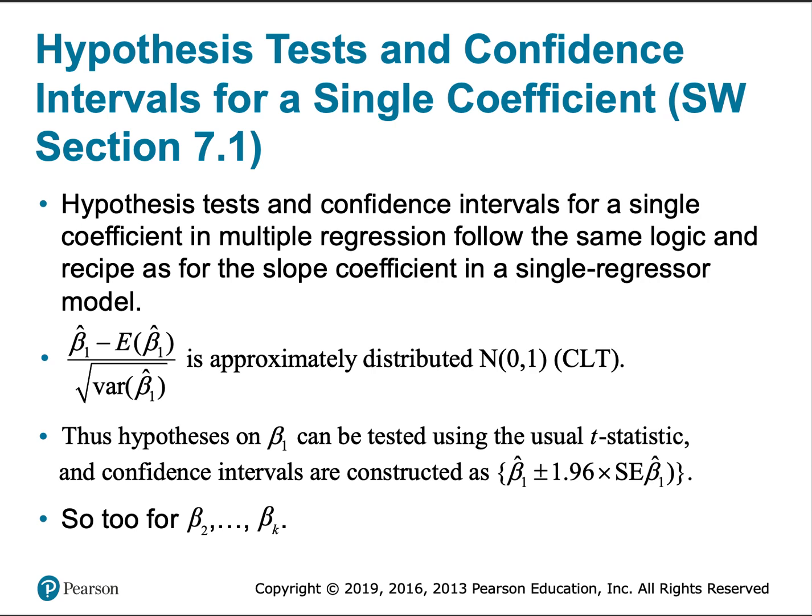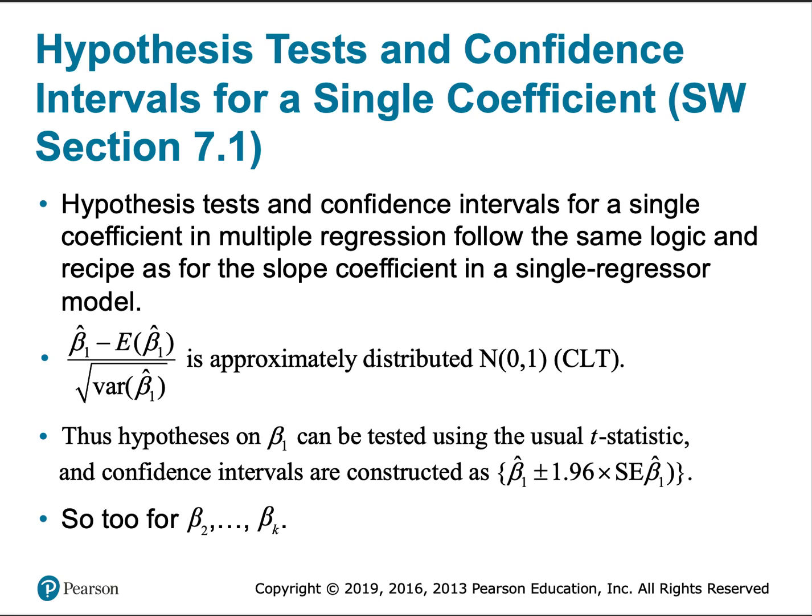In this video, we are focusing on hypothesis tests and confidence intervals for a single coefficient. Hypothesis tests and confidence intervals for a single coefficient in multiple regression follow the same logic and recipe as for the slope coefficient in a single regressor model.